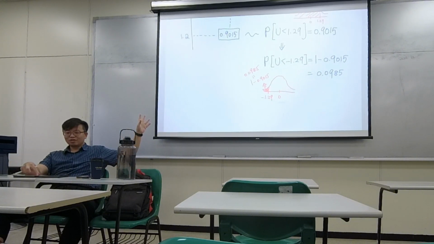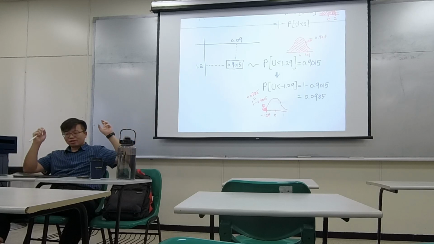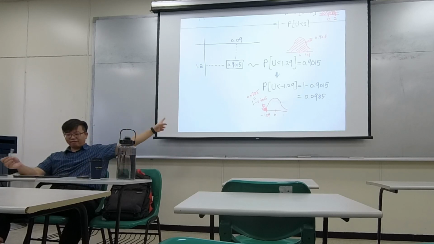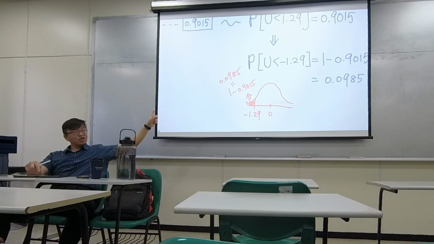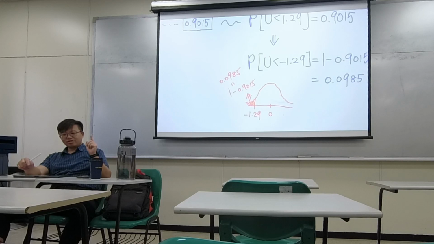So now, reversely, I check the normal distribution table. In the standard normal distribution space, if I have U smaller than negative 1.29, the percentage of the left tail is only 9.85%.